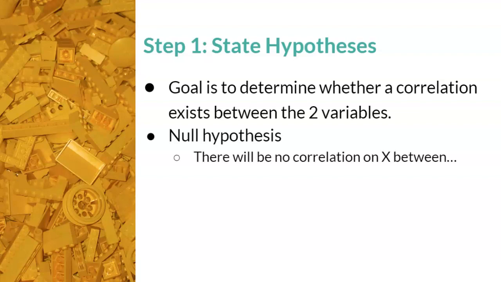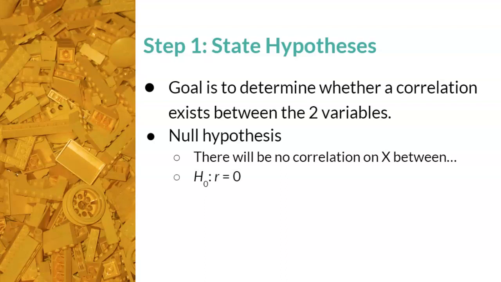Because we're measuring correlation now, instead of population mean, or mu, the statistical notation will also change. The notation for Pearson correlation is the letter R. And recall that if there's no relationship between the two variables, the Pearson R value will equal 0.